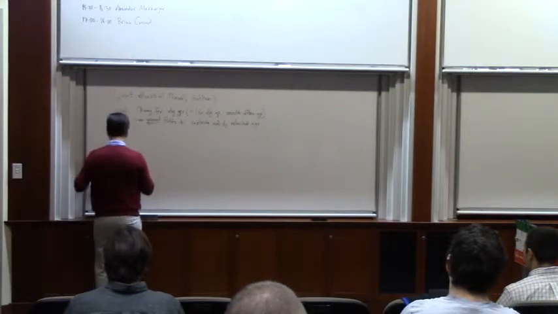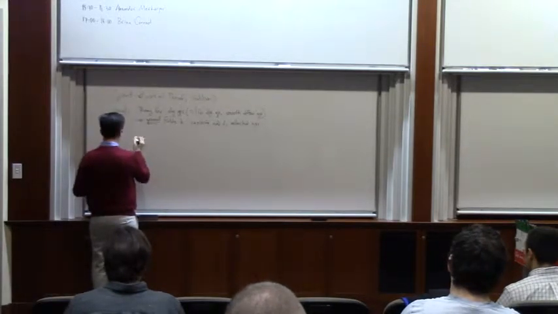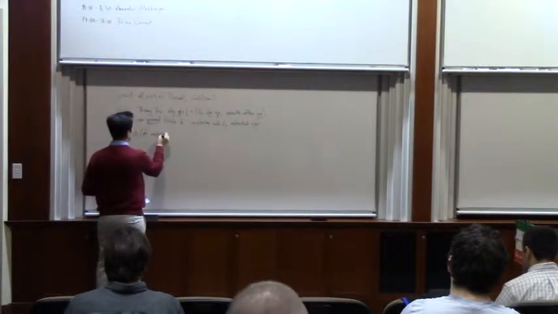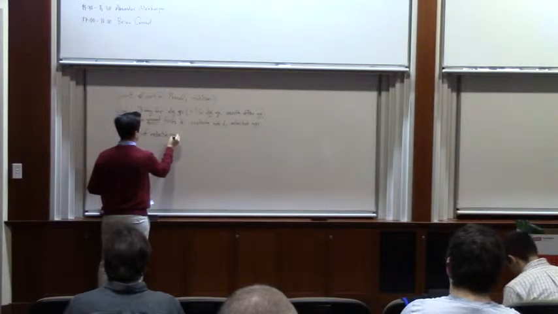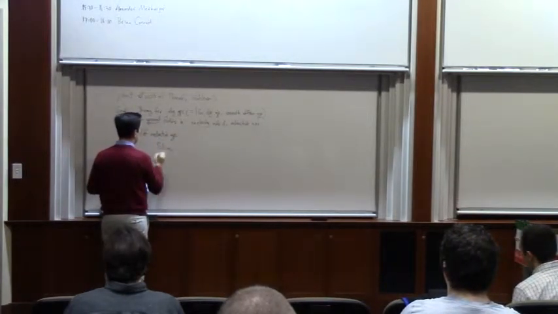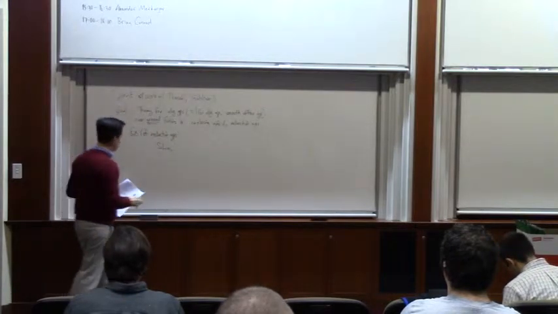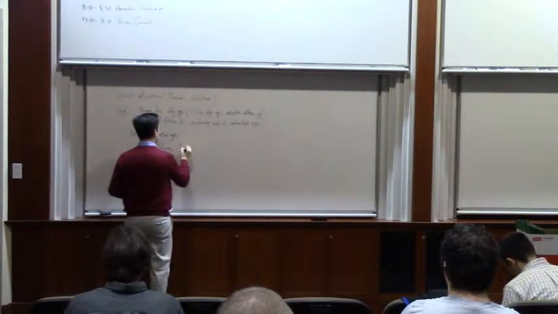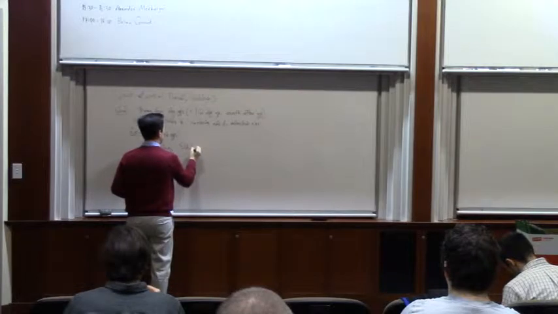So let me start with some examples. So these are going to be examples of reductive groups. So one has classical examples, like SL_n, as mentioned in the previous talk. Also unitary groups.